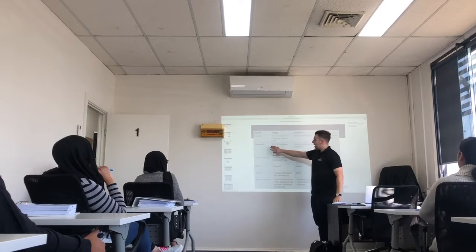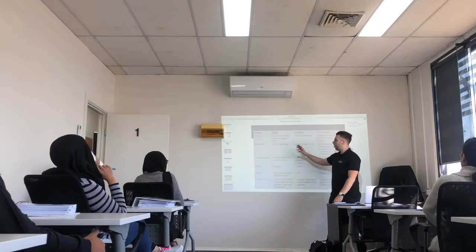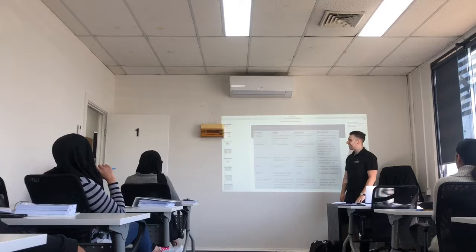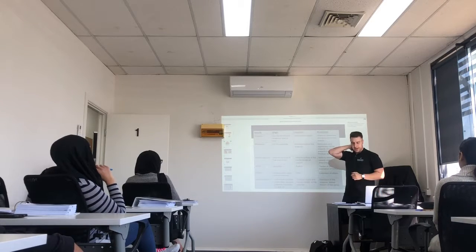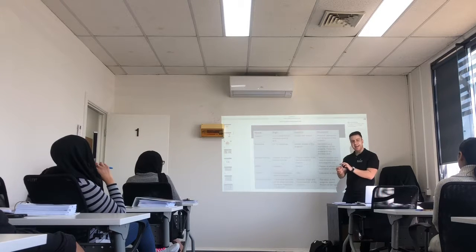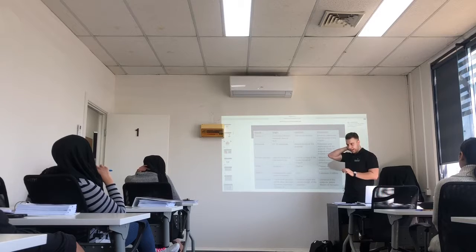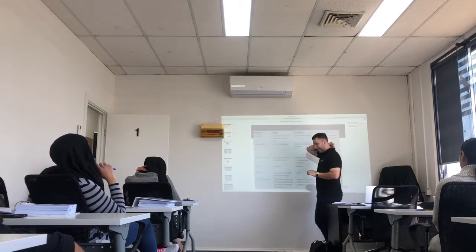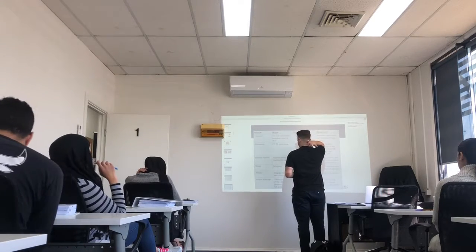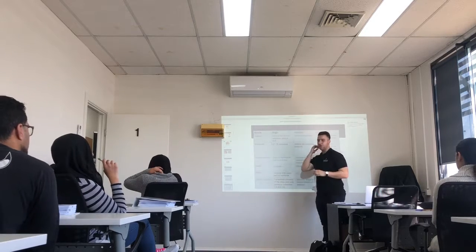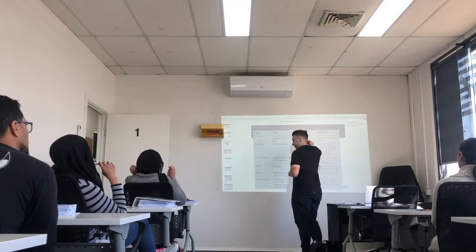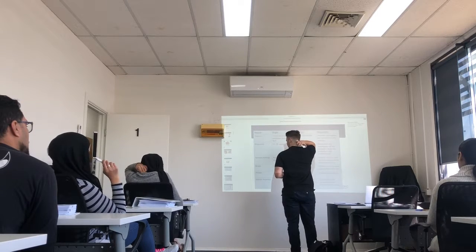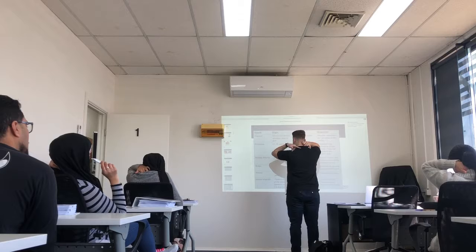Here, another one, rhomboids. The origin for rhomboids is C7 to T5, so they're vertebrae in our spine. Vertebrae are small segments, bony, sticky-out bits throughout our spine. If we go to around here, normally to find C7, you'd look at finding C6 first. C6 is the one that sticks out most, just up until this point.